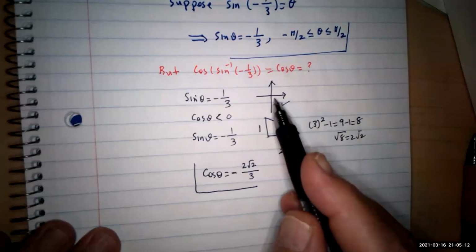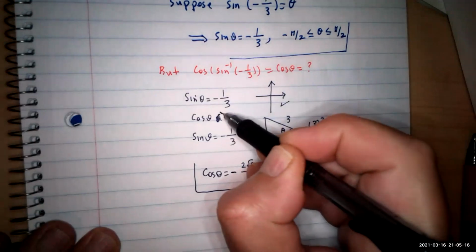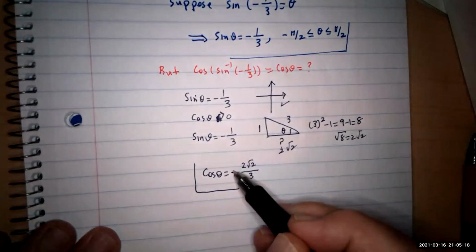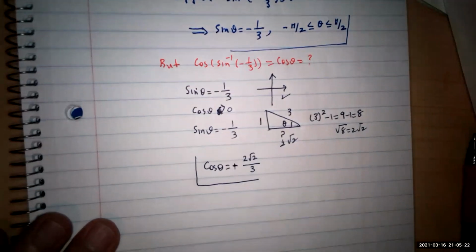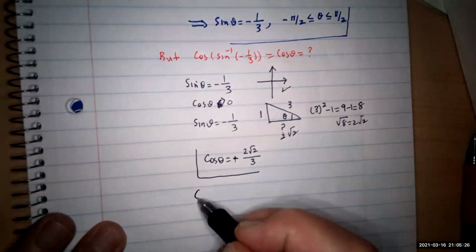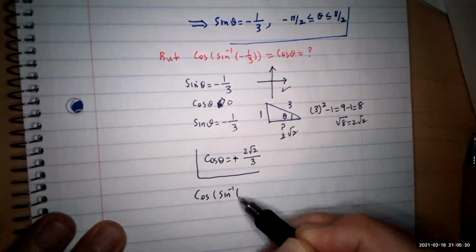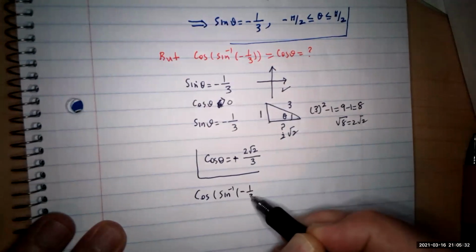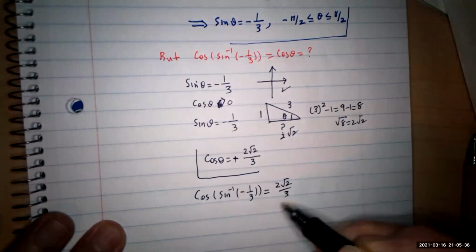Yes, thank you. So it would be 2 radical 2 over 3. So we go back and we claim that cosine of the sine inverse of negative 1/3 is equal to 2 radical 2 over 3.